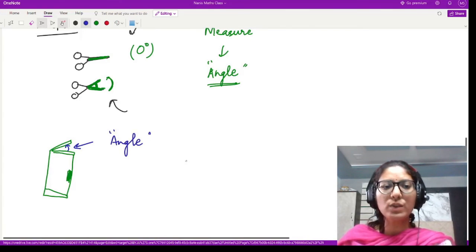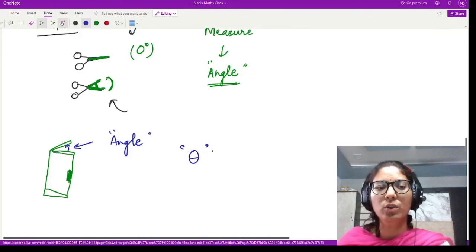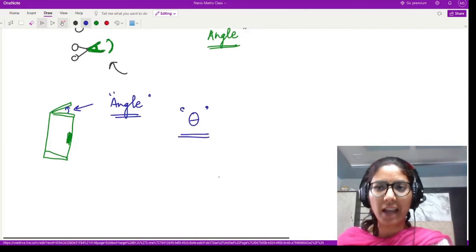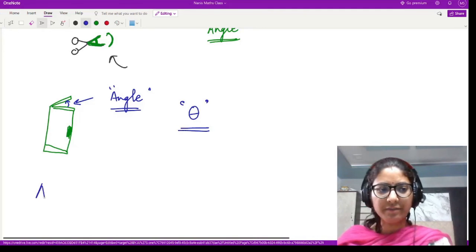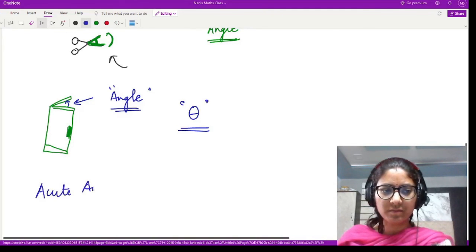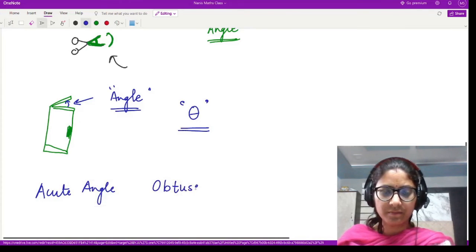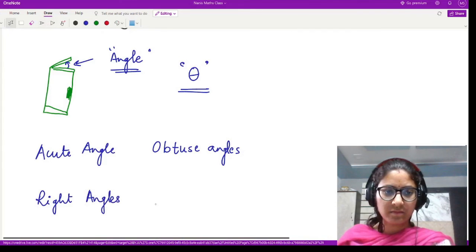We usually denote this angle by the symbol theta. You could use any other symbol to denote the angle. This is one notation used to represent angles. In fact, we have many kinds of angles with us. We have acute angles, obtuse angles, right angles, and the list goes on.